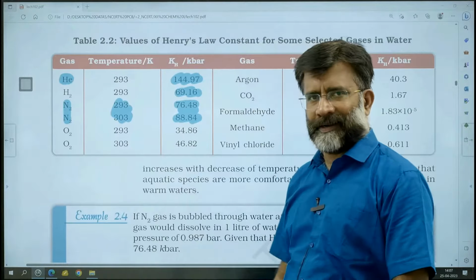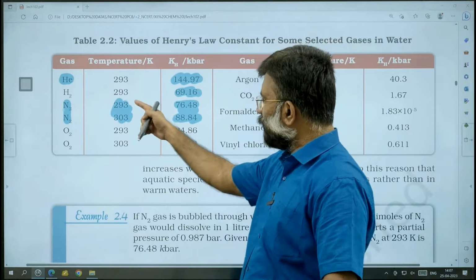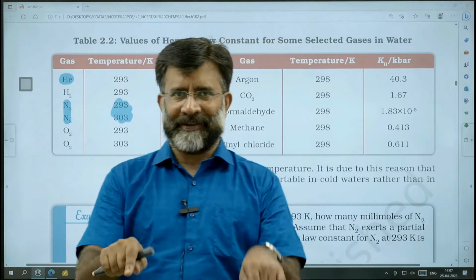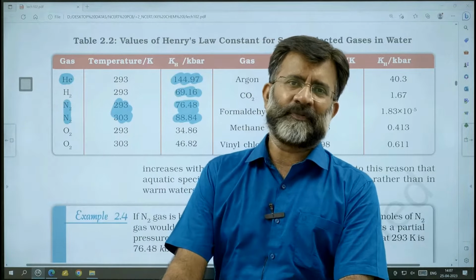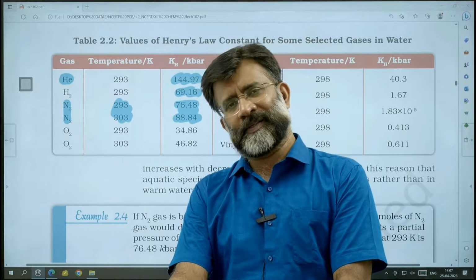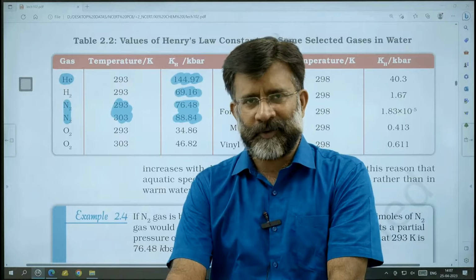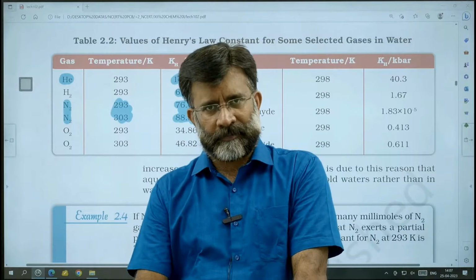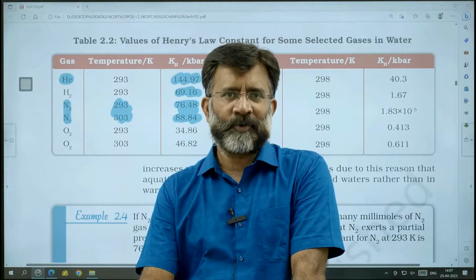What do you understand? When the temperature increases, the KH value increases. That means solubility decreases. So as the temperature increases, dissolution of gases decreases. How do we prepare soda water? Is it in hot water or cool water?